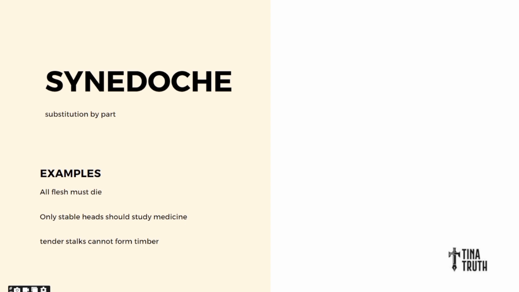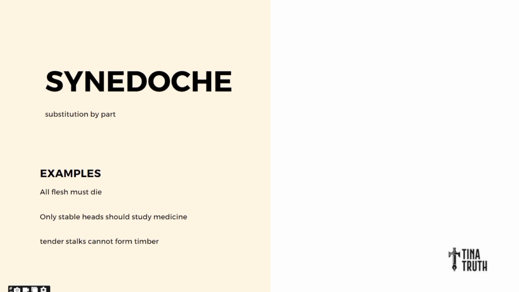Then number 3, I said tender stalks cannot form timber. The word stalks there is the synecdoche, because now when I say tender stalks, I'm referring to trees, tender trees that are not strong enough. You cannot use them for chairs and tables.